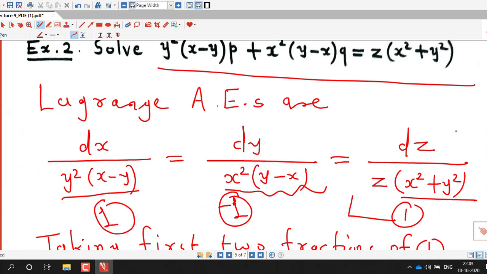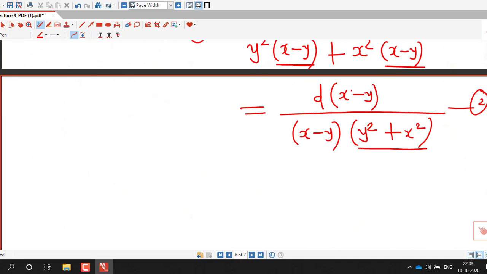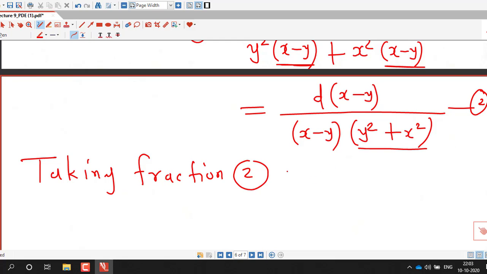So here we will have dz upon z, and in the other fraction we will have d of x minus y divided by x minus y. So we take fraction number 2 with the last fraction of 1.